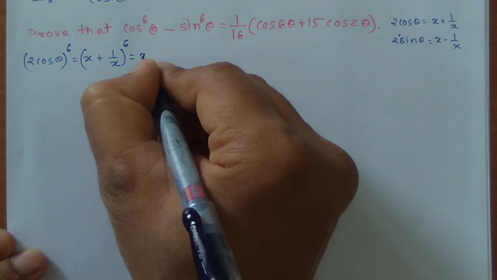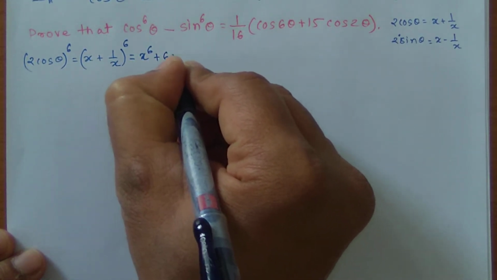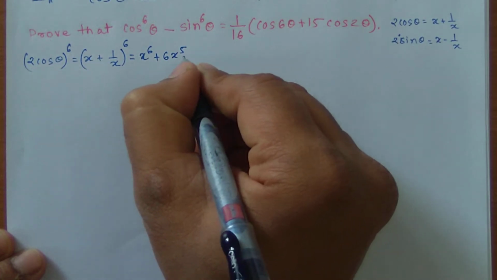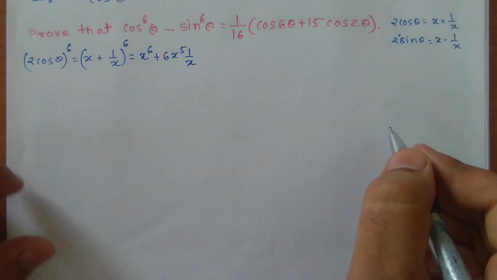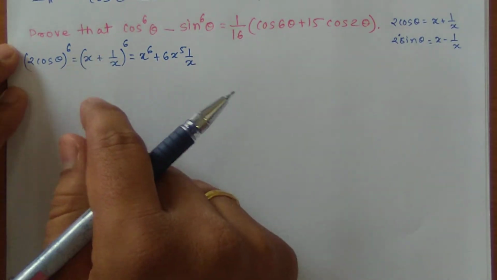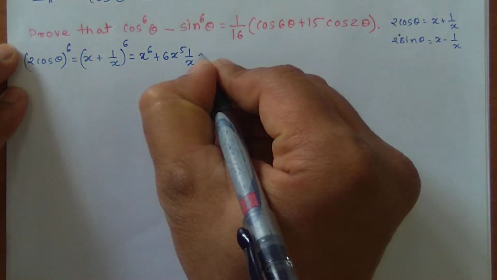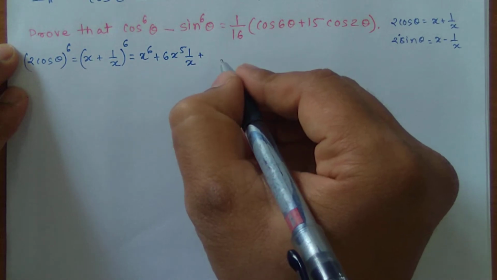So this gives me x raised to 6 plus 6x raised to 5 into 1 upon x. I am directly writing this because in the previous lecture we have seen how to expand cos raised to 6 theta. So I am just going with the quick steps.